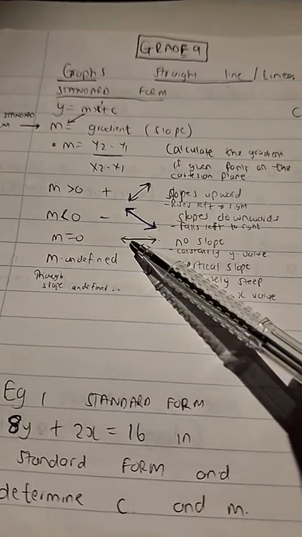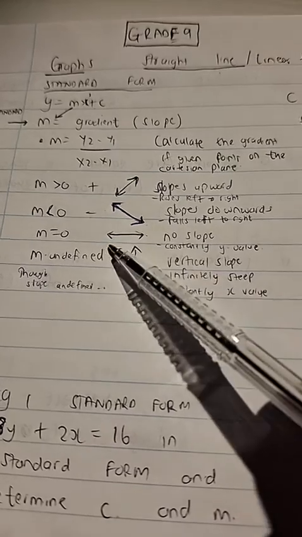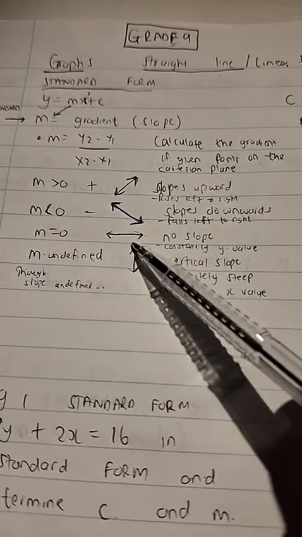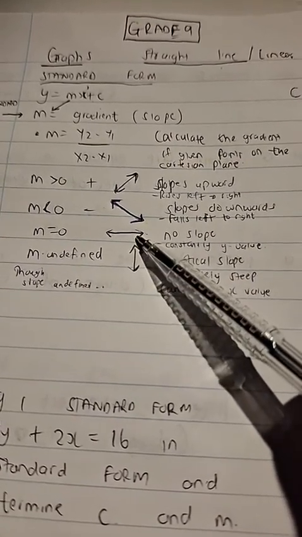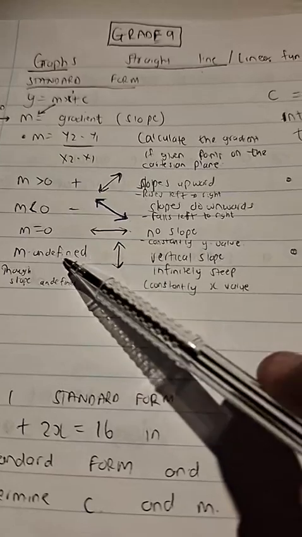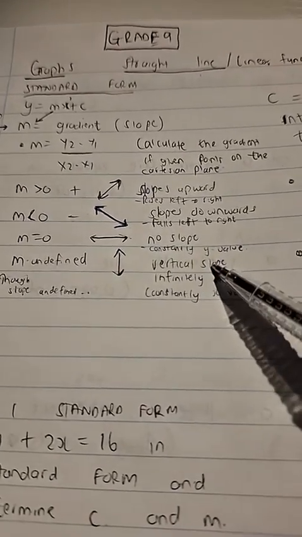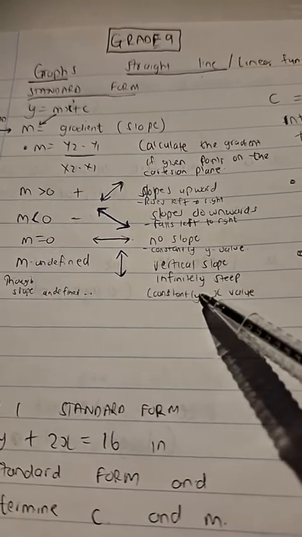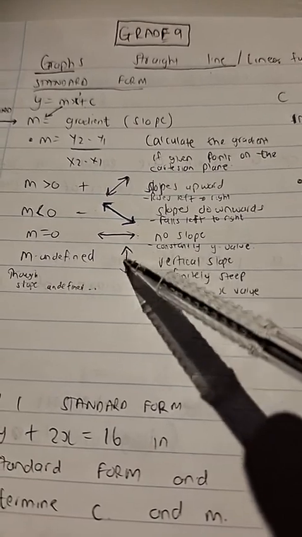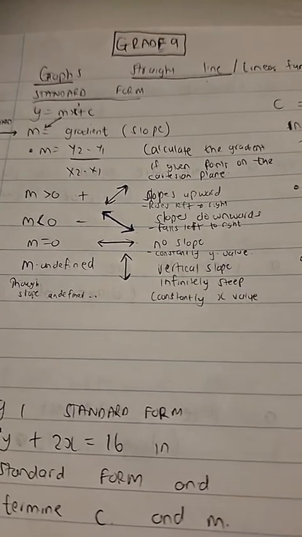If the gradient is equal to 0, it means that there is no slope, okay, because there's a constant y value that our horizontal line is actually having to go through. But if the gradient is undefined, then we know that it is a vertical slope, meaning it is infinitely steep, and there's a constant x value that this vertical line will experience.